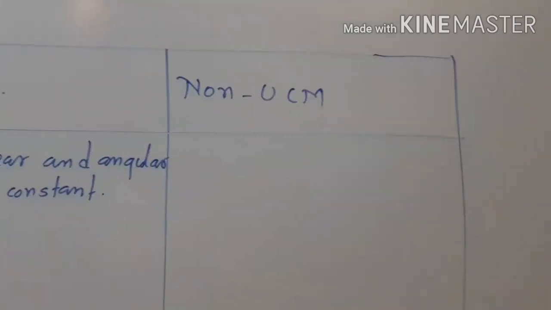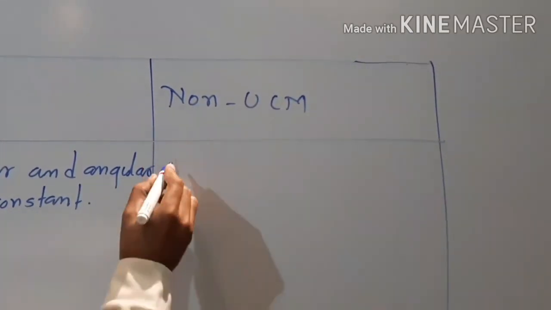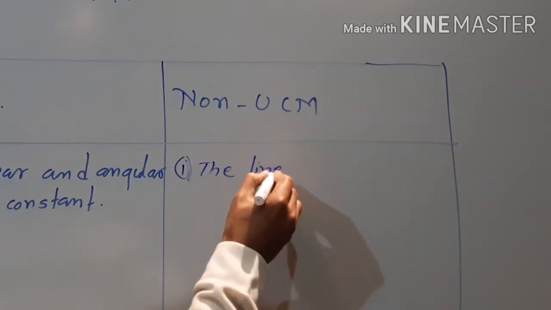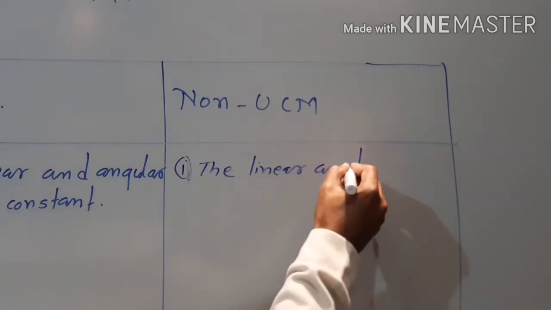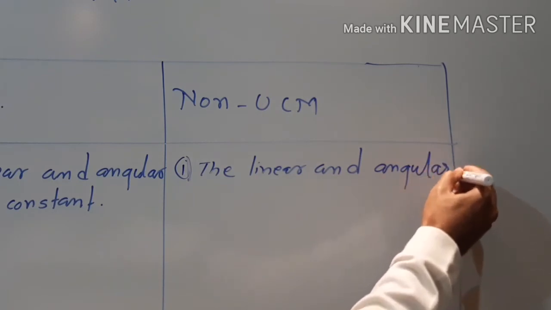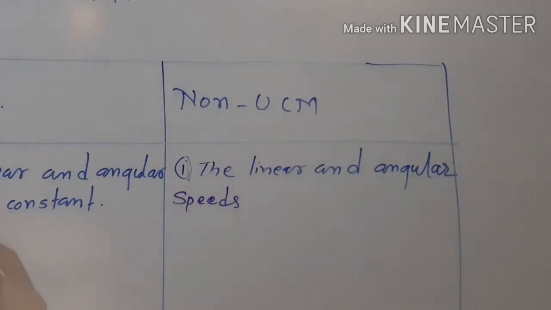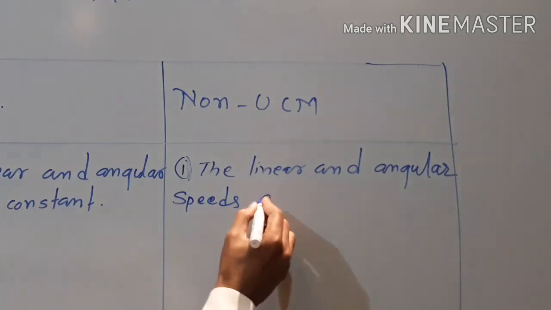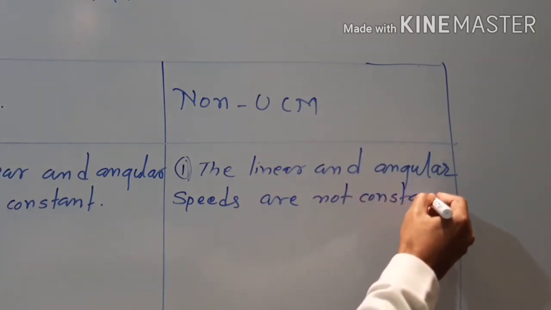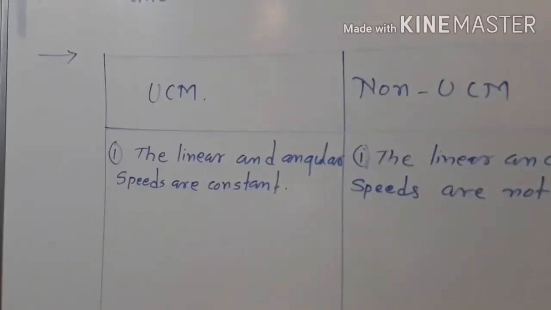And in non-UCM, write down the first point: the linear and angular speeds are not constant, or variable.